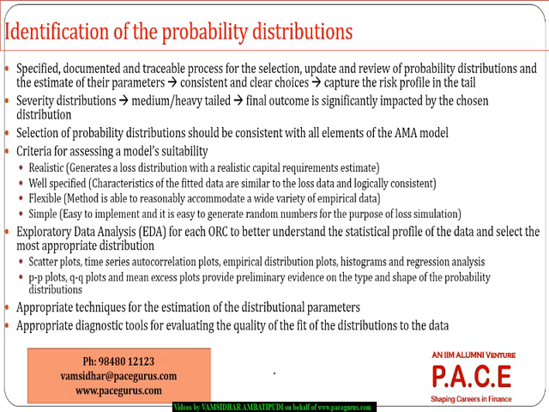Then, coming to the identification of the probability distribution. First thing, the process should be very much in place, documented, traceable. First of all, the process for how do I select what kind of probability distribution, right? On what basis I am selecting a specific probability distribution, both for the frequency of losses as well as for the severity.